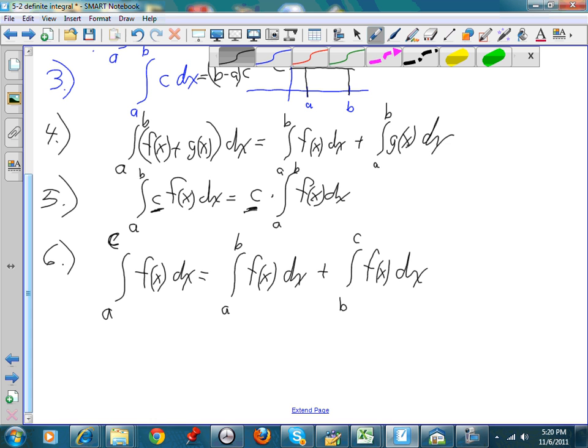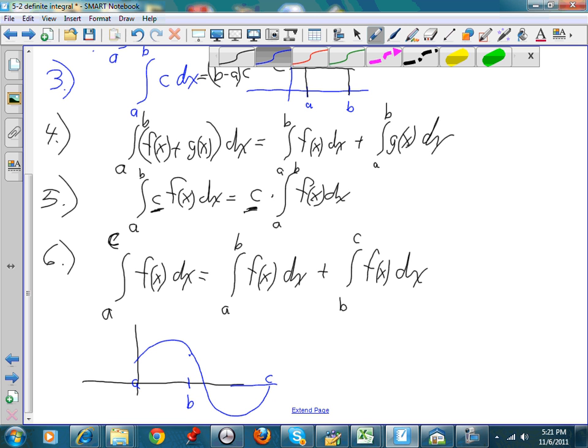And I'm trying to see, oh, they put c in between. All right, I'm going to put b in between. You can see how they did it in the book. I'll draw my picture here. I put b in the middle and c here, and this might be a.